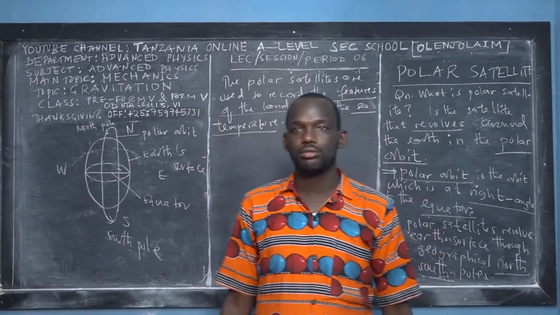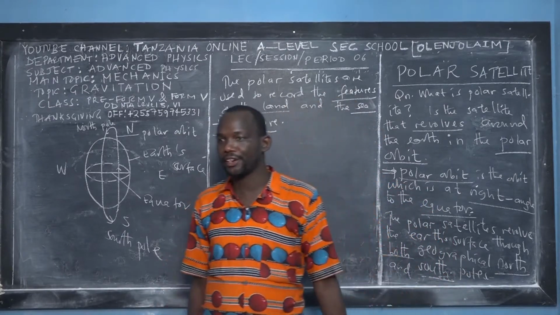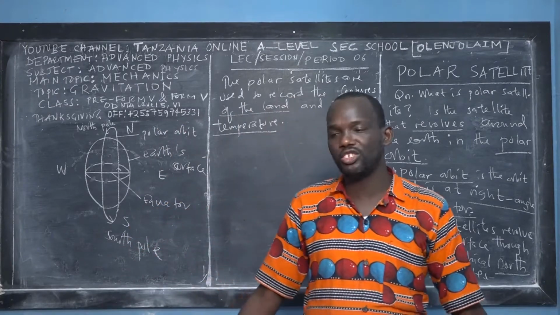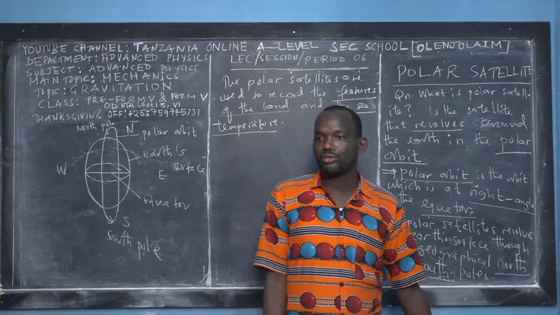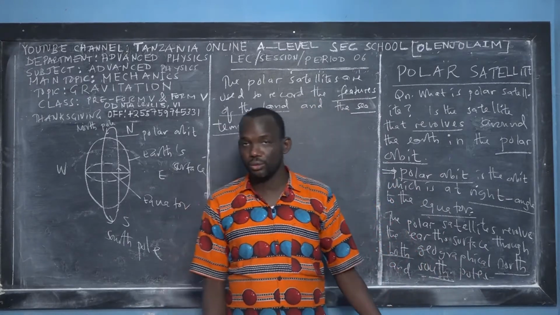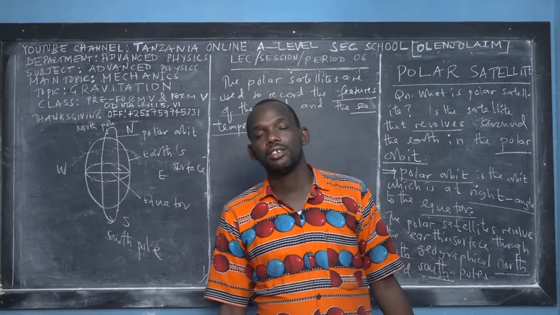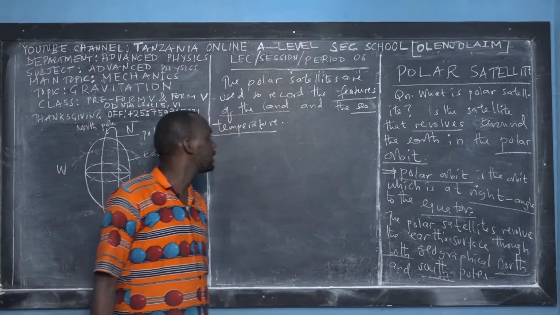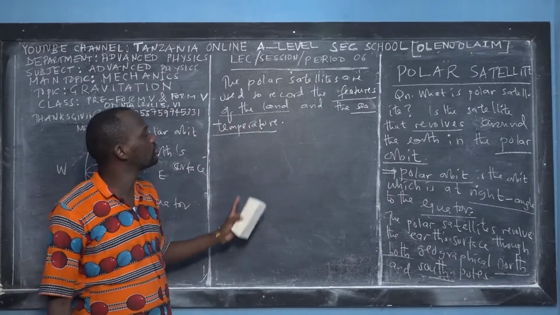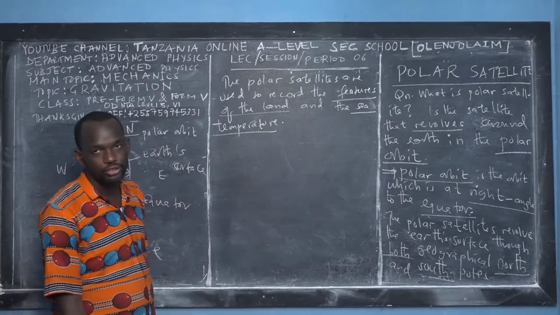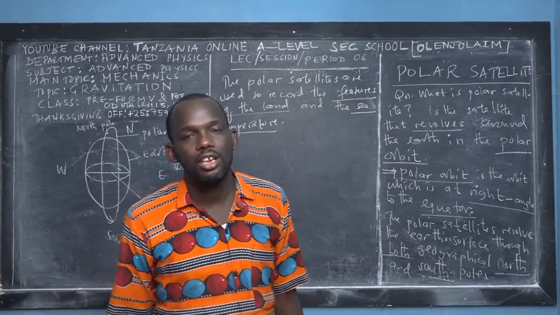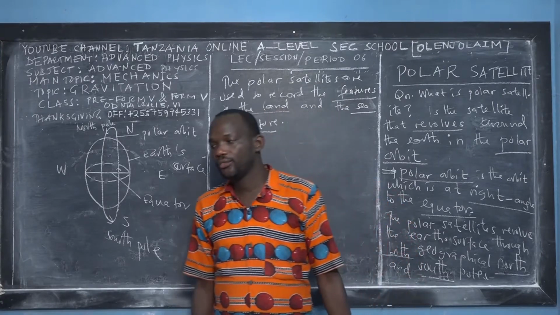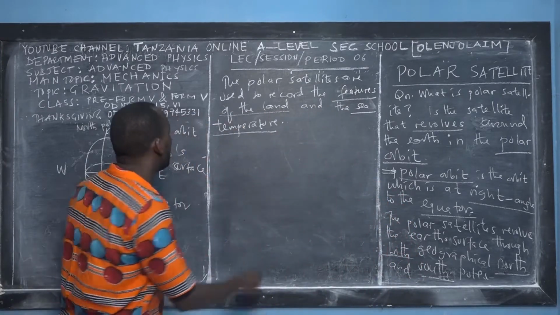For example, if you want to go to Mwanza and you don't know the direction of the hospital where you want to go, or maybe for instance Uganda, you can use the GPS satellites to have the right directions to know where to go in order to arrive at that place. So in the case of these polar satellites, they help us to know the features of the land and the sea temperature. Okay, because you know that the Earth's composition has the land features and also the sea features.